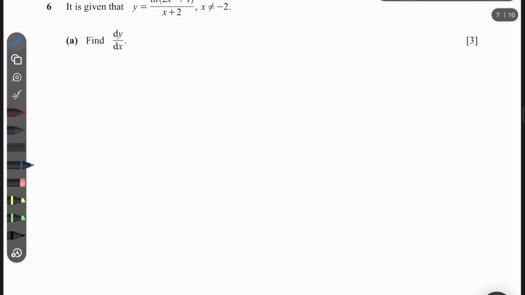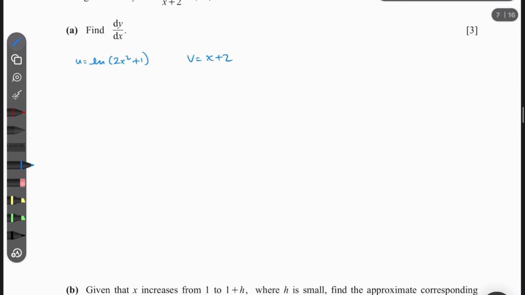Okay, question 6. Find the differentiation of this. Okay, so we can use the quotient rule because the equation is a fraction. So let u equal the numerator and v equal the denominator. And then you differentiate.